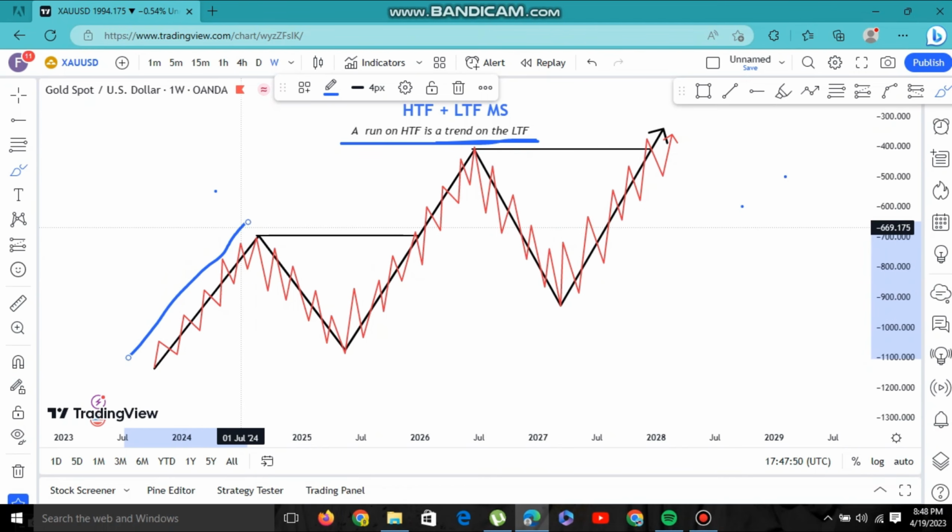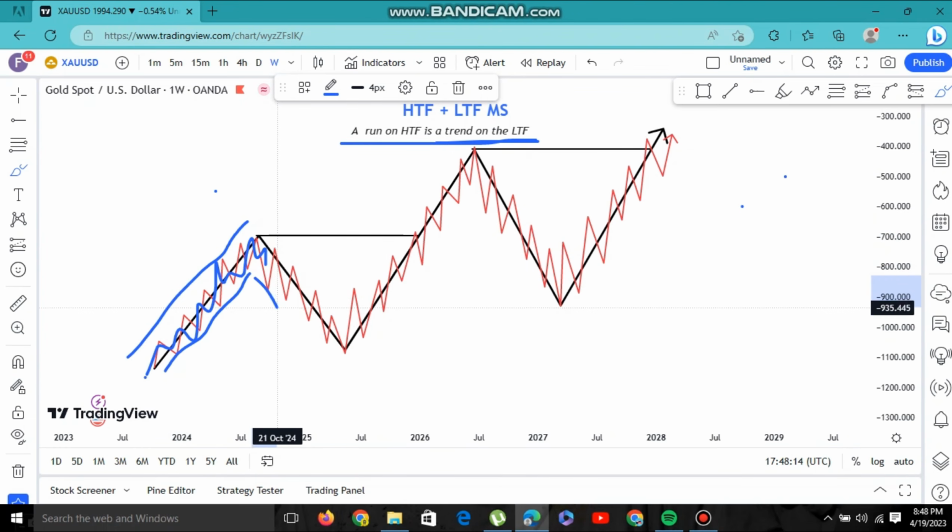This is a run to the upside on the higher time frame, but a full trend on the lower time frame. As you can see, we have one single move on the higher time frame on H4, but very many moves down on the lower time frame. So a run on the higher time frame is a trend on the lower time frame. That's it, as simple as that.